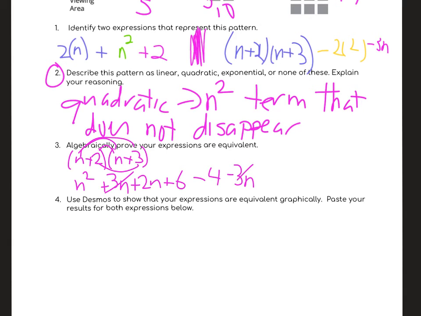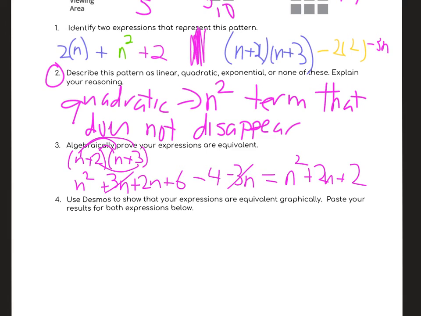So the 3n's go away, and 6 minus 4 is 2, which equals n squared plus 2n plus 2. So that shows that those are equivalent.